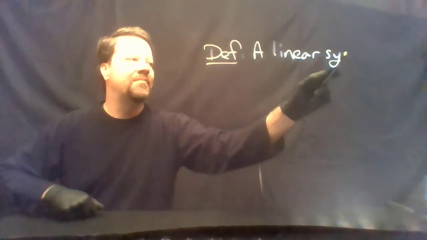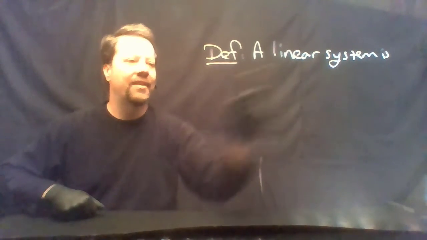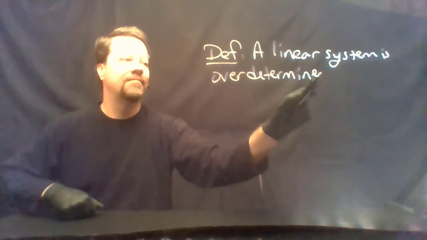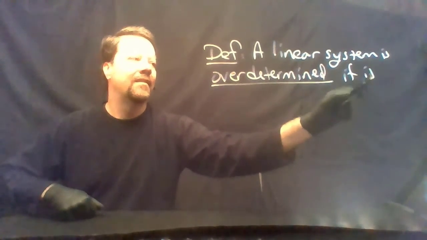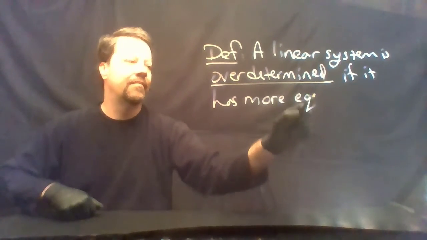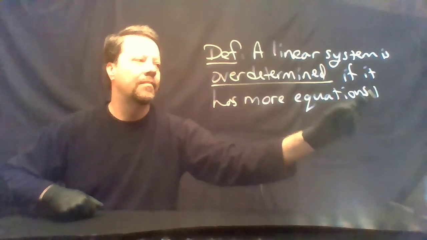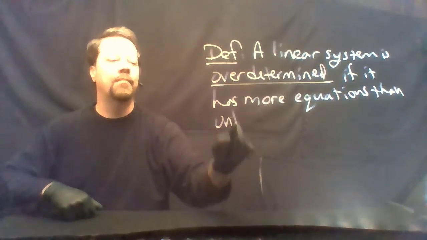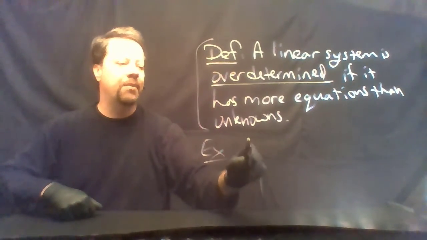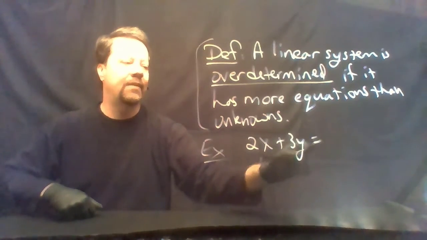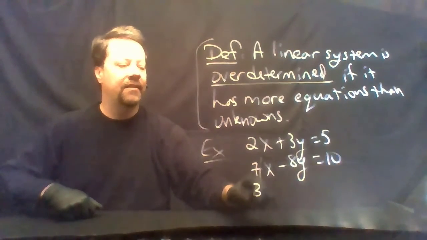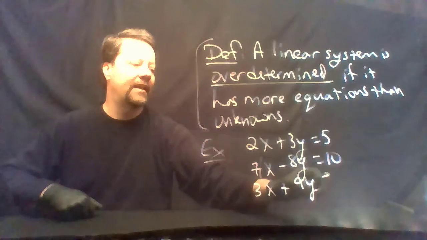A linear system is overdetermined if it has more equations than unknowns. So for example, if I have 2x plus 3y equals 5, 7x minus 8y equals 10, and 3x plus 9y equals 17.